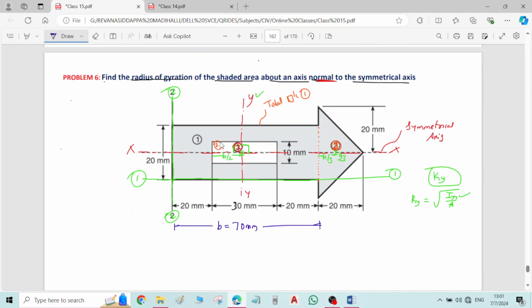X value for rectangle 2 means the distance of G2 from reference axis 2. It is 20 plus b by 2, from here to here.